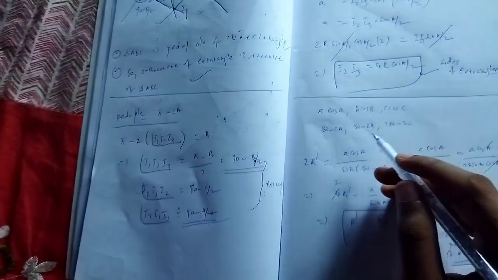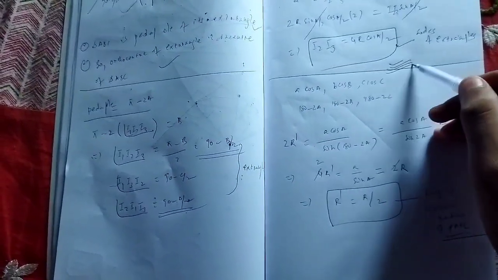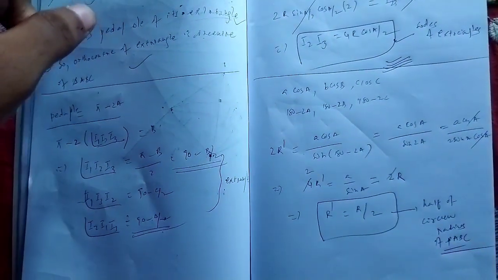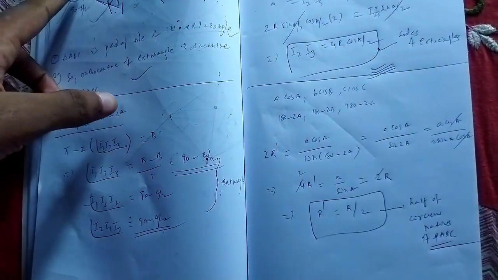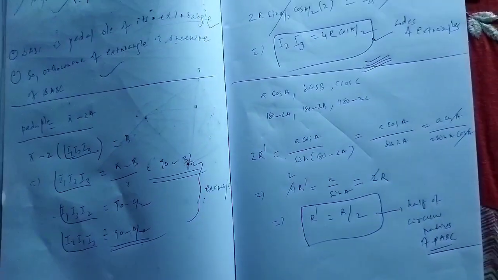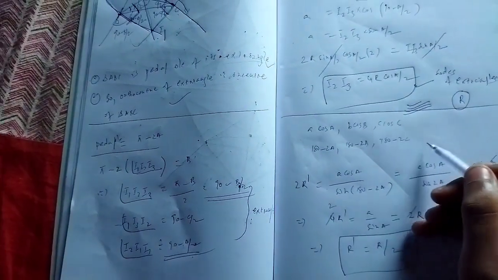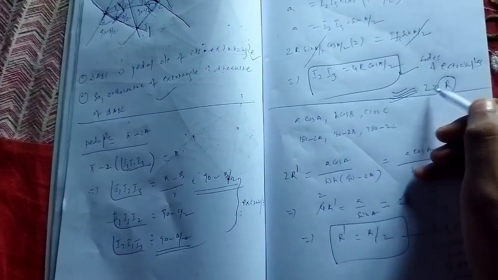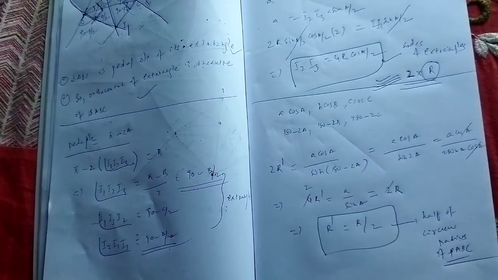So here the circumradius of X triangle will be double that of its pedal triangle, and its pedal triangle is ABC, whose circumradius is r. So it will be 2r.